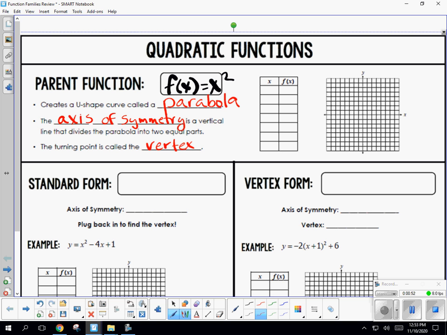The input-output table of your parent function looks like this, and looks like this on the graph.